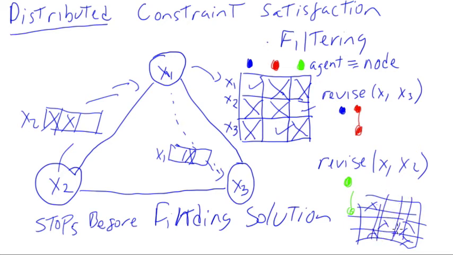Some of those combinations might not work, actually. So the filtering algorithm is a good first step to reduce impossibilities. It reduces the domain, but it doesn't actually find a solution most of the time. It will just eliminate impossibilities and reduce your domain and get you to a point where you can then do a more straightforward search.